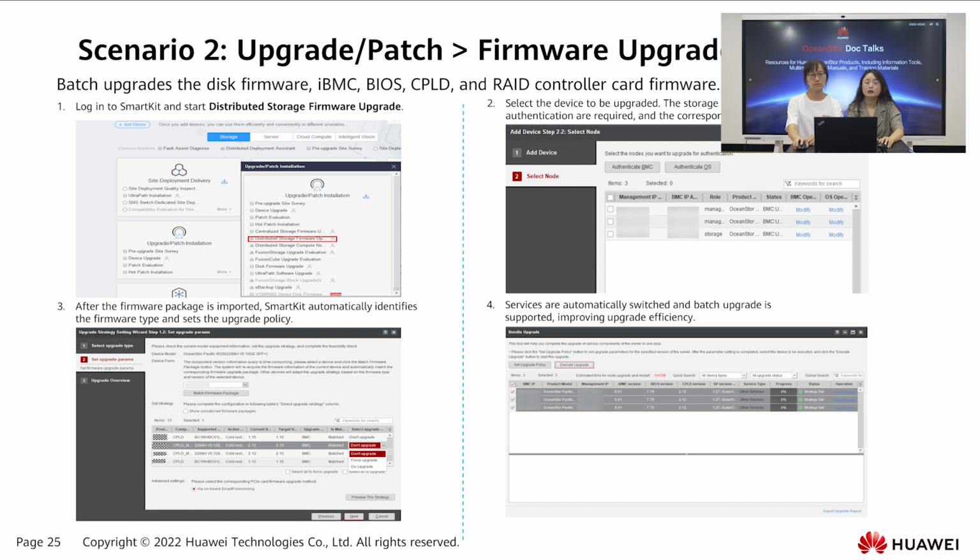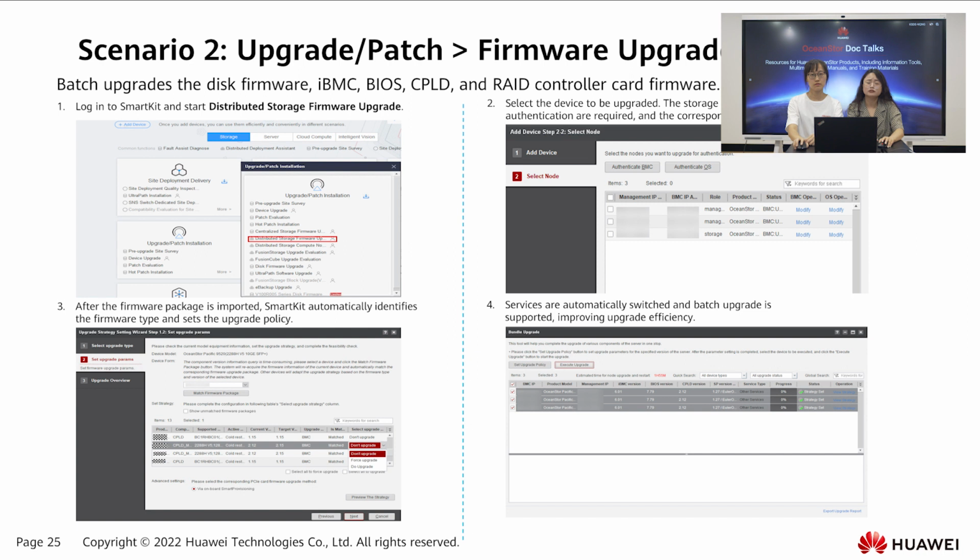The firmware upgrade supports Huawei devices. Before using the firmware upgrade function, ensure that the storage management IP address, OS management IP address, and BMC management IP address can communicate with each other.